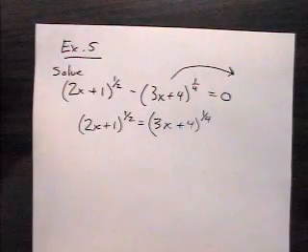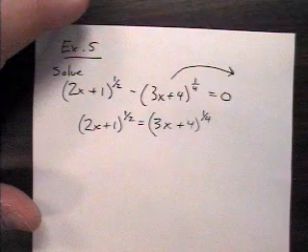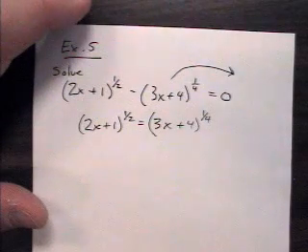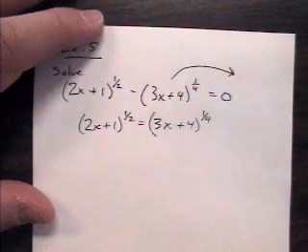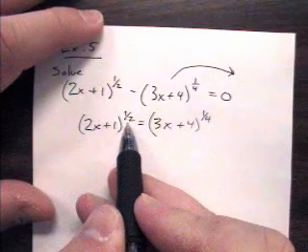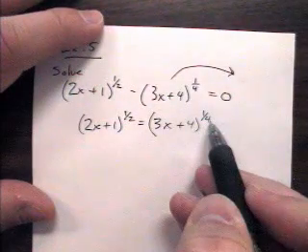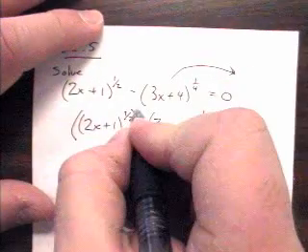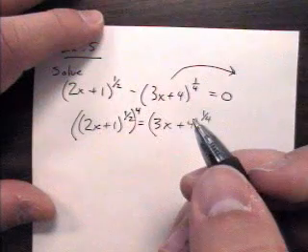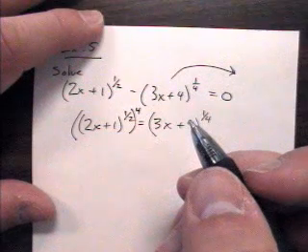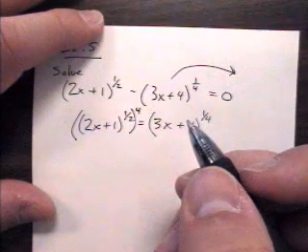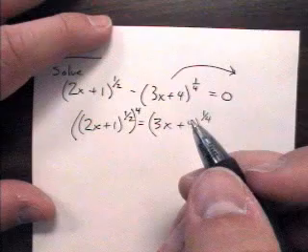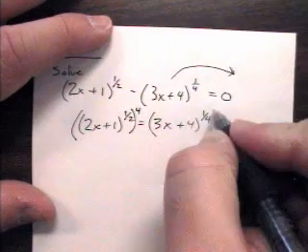So I've got radicals on both sides. Now I want you to think about this. If I raise both sides to the second power, that's going to eliminate this exponent, but not this one. So instead of raising it to the second, I'm going to use the least common multiple of 2 and 4, and that is 4.